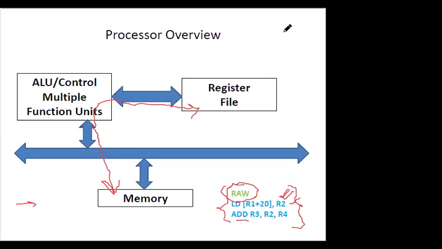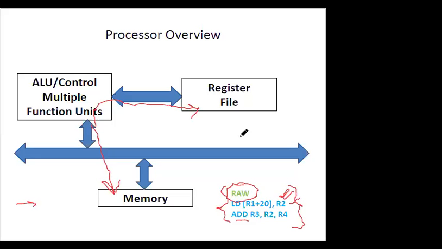As we know, pipelining has 5 stages of processing. First it fetches the instruction, then it decodes the instruction, then the data required is fetched for the instruction, then it executes, and then it stores.